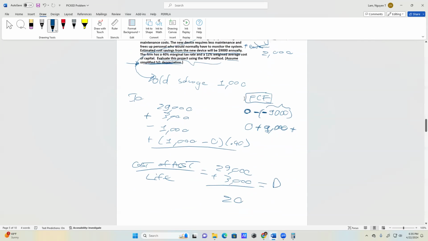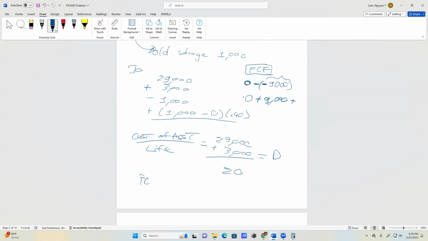Okay, and let's continue with the free cash flow. You have a 9,000. You're going to add, so it's zero as a revenue, subtract depreciation, right? I made a mistake there. So after you find depreciation, one minus tax, right?